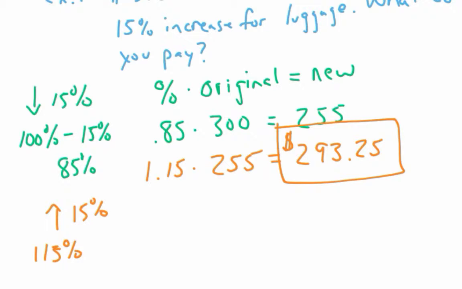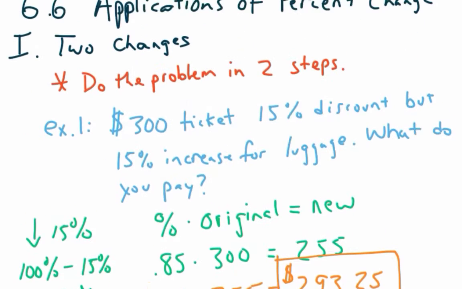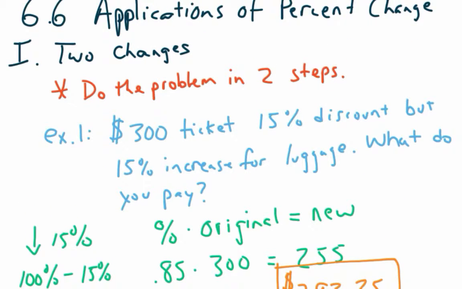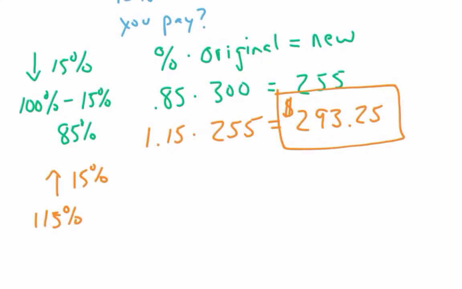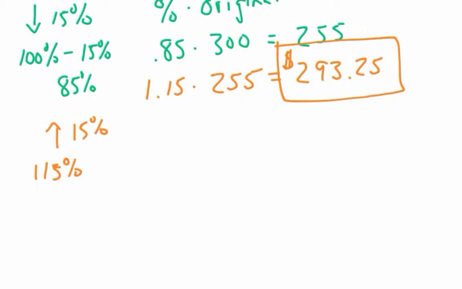And the part that seems a bit strange to me is that in this type of question, the order doesn't matter. So up here, I said do the problem in 2 steps. Sometimes that's all you need to know. Sometimes the order doesn't matter. But sometimes it does. And if you wanted to check this, you could go back and say, all right, if I wanted to do it in the other order, maybe I should do that just to hold myself accountable.